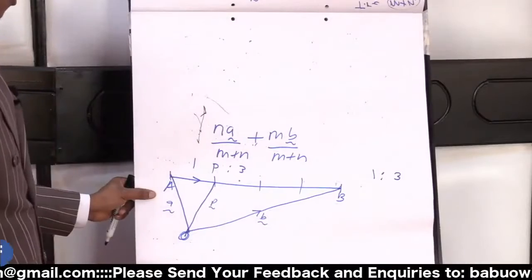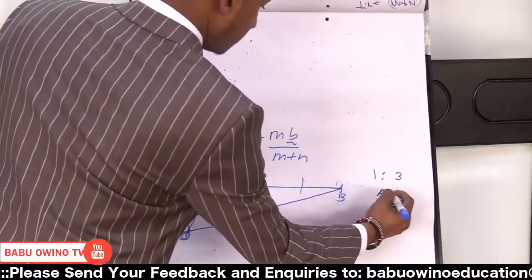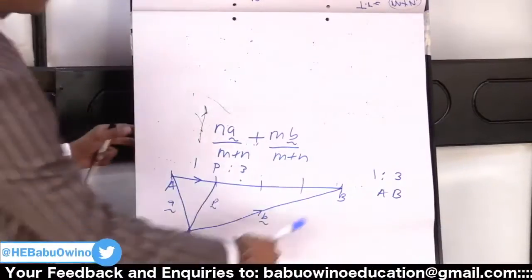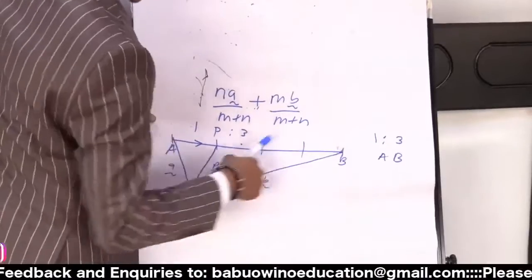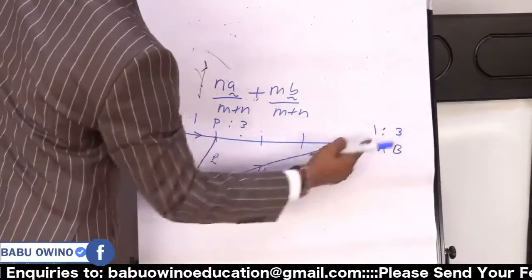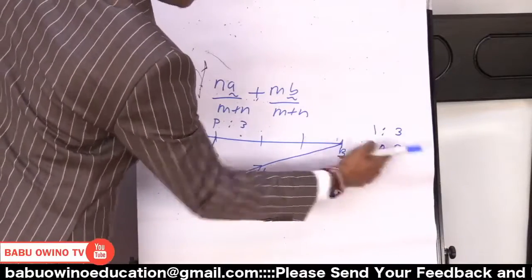Point P divides line AB in the ratio of 1:3.